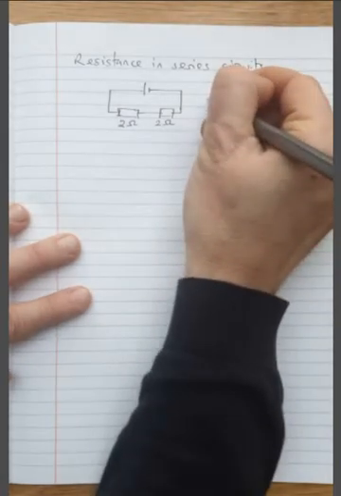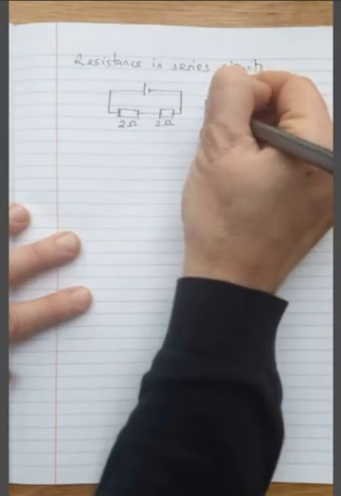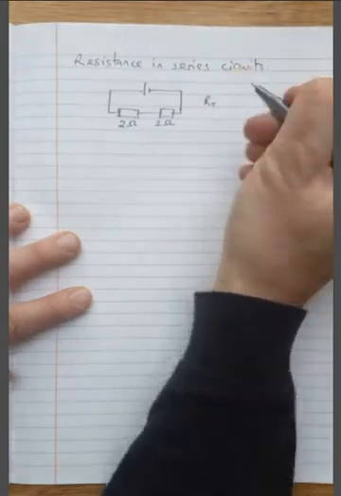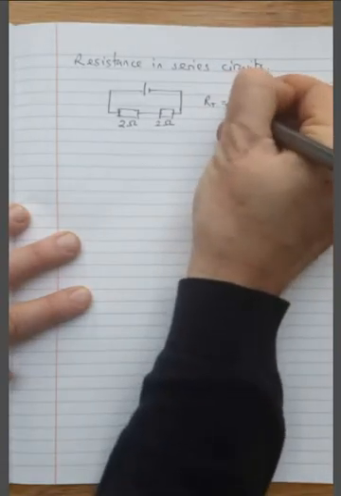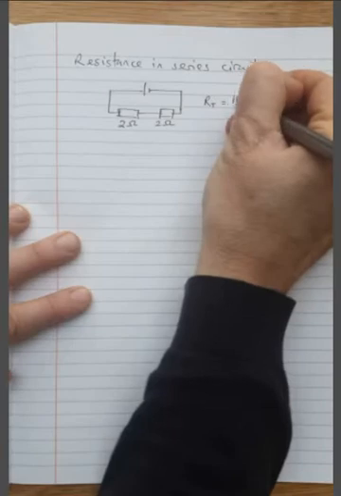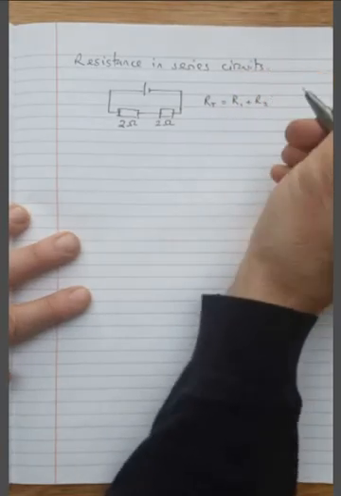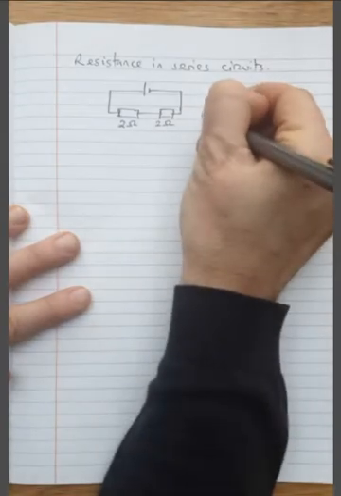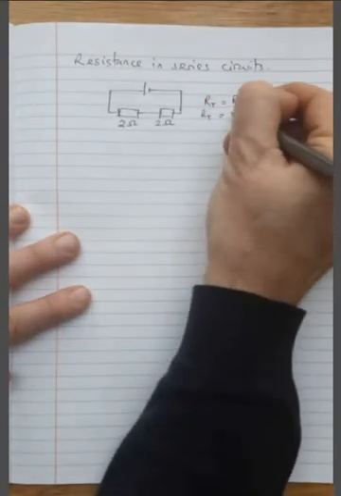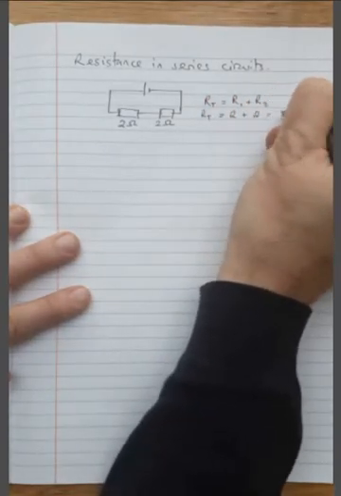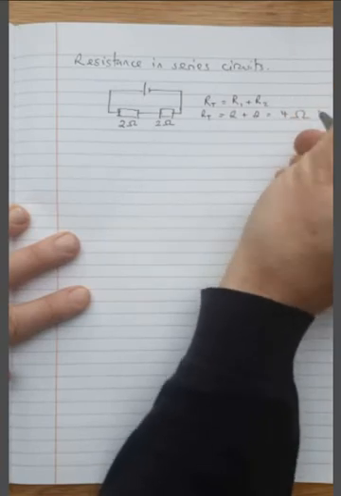Now to find our total resistance, we are simply going to look at resistance 1 plus resistance 2. So our total resistance in series is 2 plus 2, which is 4 ohms.